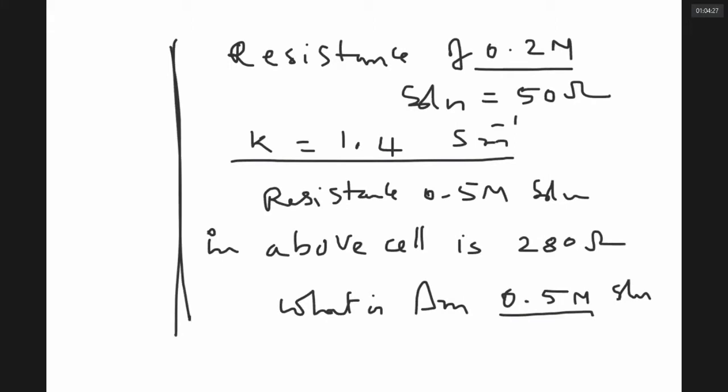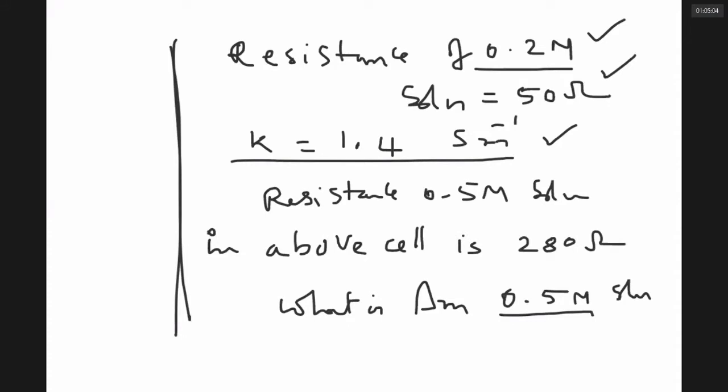Sir, first you understand there is a cell. In that cell, I have taken a 0.2 molar solution of a particular salt. I recorded using the Wheatstone-Bridge formula that its resistance is 50 ohms. And in the very same cell, the 0.2 molar solution has a specific conductance, for every 1 meter distance between electrodes, found to be 1.4 Siemens per meter.